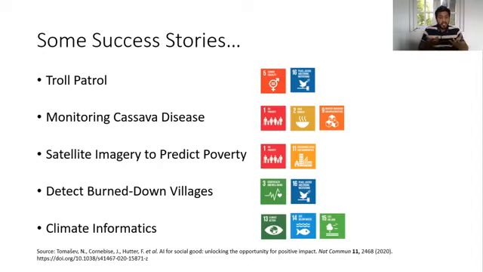And there are so many different complex problems in climate change that we need to address that it has spun out into a new field called climate informatics. So this slide will convince you that there are numerous ways artificial intelligence can be used for social good.